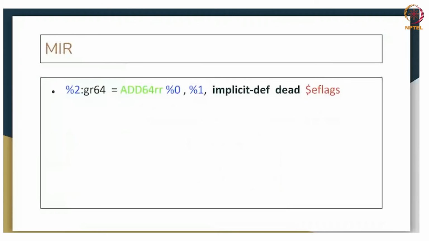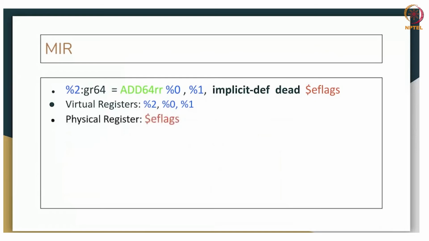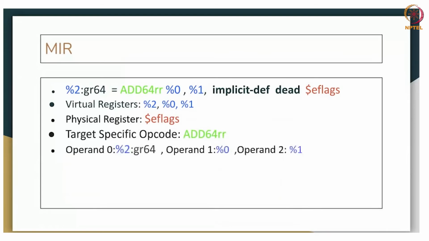MIR, as I mentioned here, has virtual registers like %2, %0, %1, because we have not done register allocation, just instruction selection, like ADD64 here, which is the instruction for the AArch64 machine for addition. The physical register is EFLAGS. These are target specific code operands.